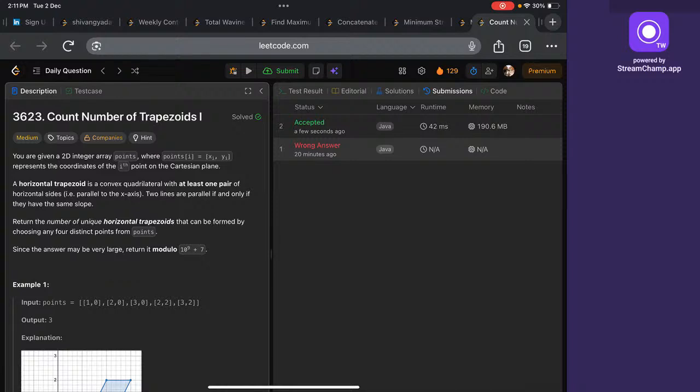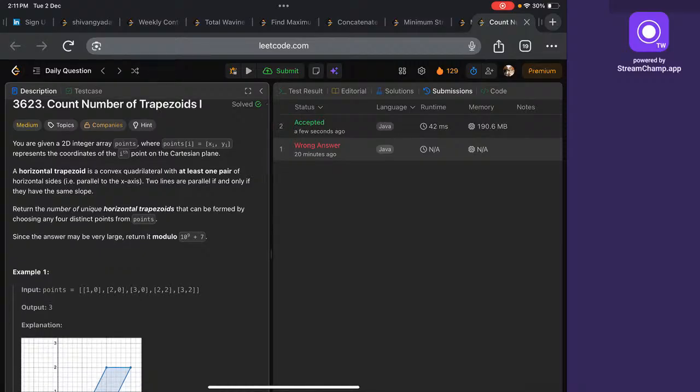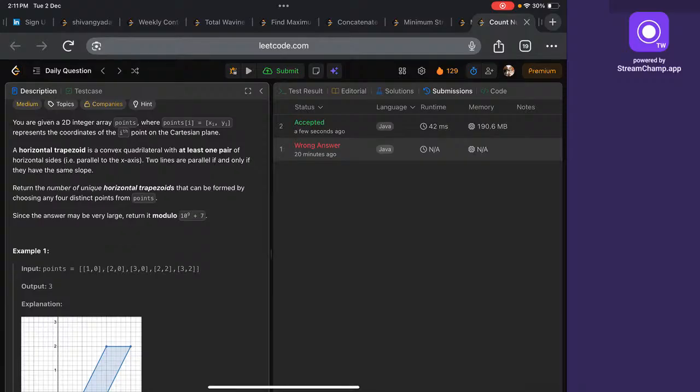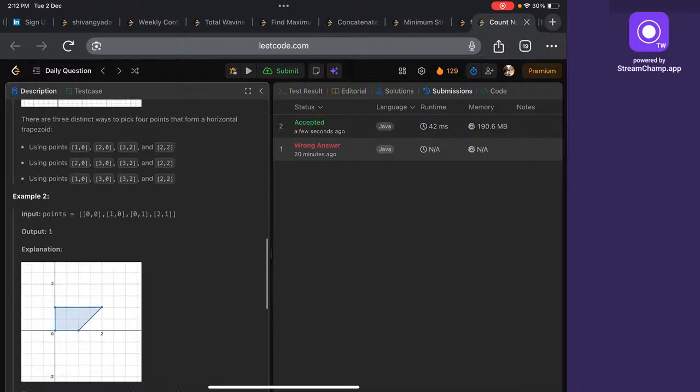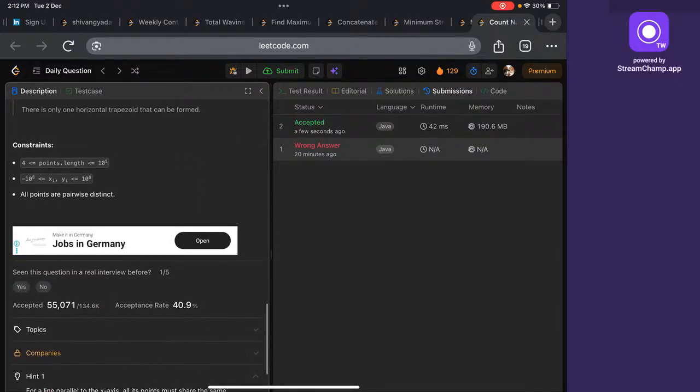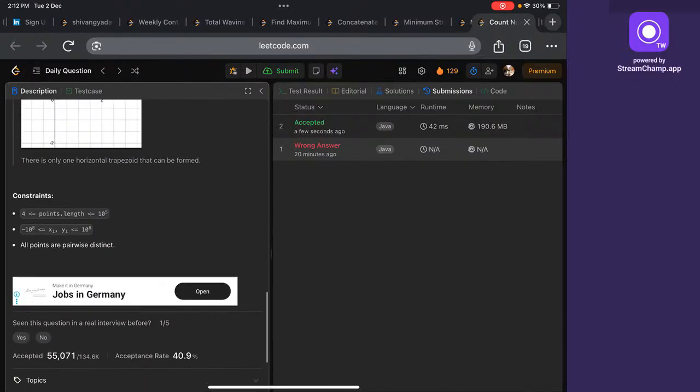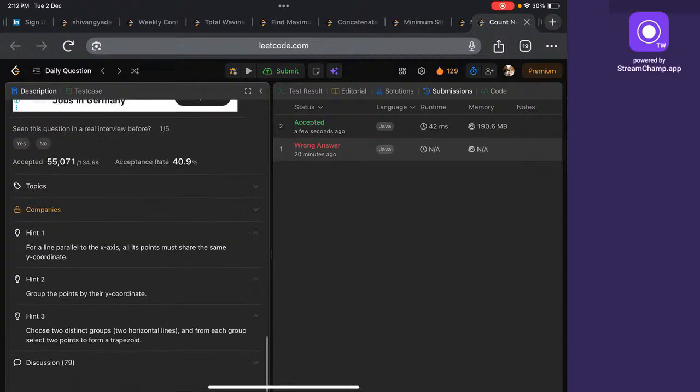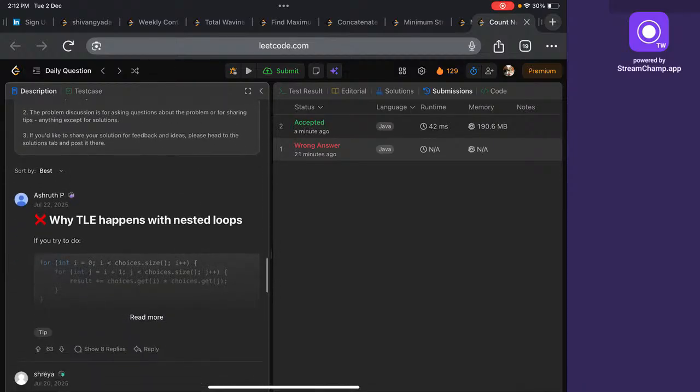Okay, we need to make sure that two sides are parallel, not only one. I don't think I will get it. My geometry is very weak. I still don't get why both sides should be parallel.